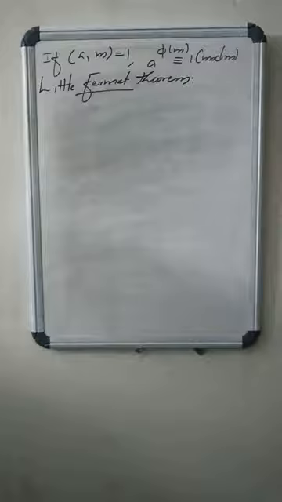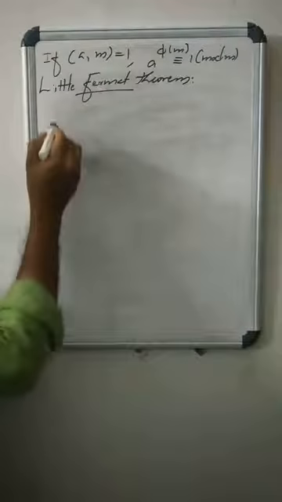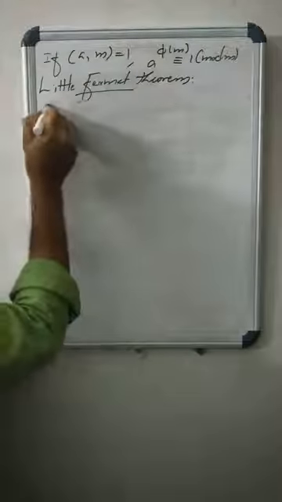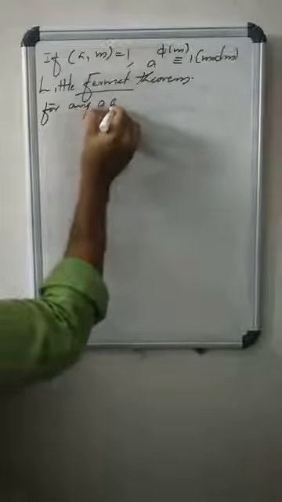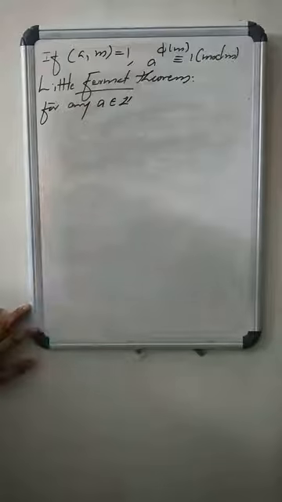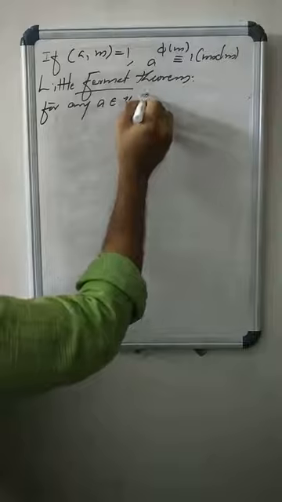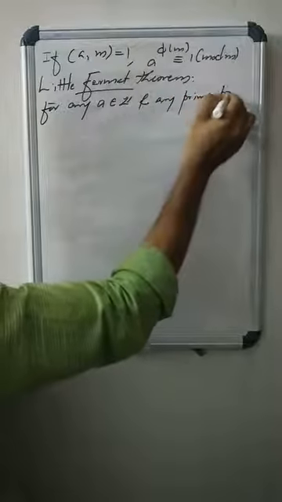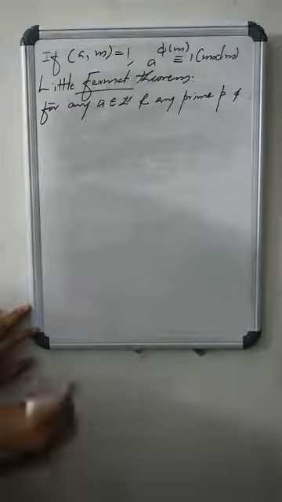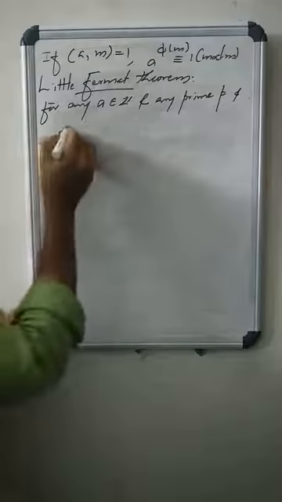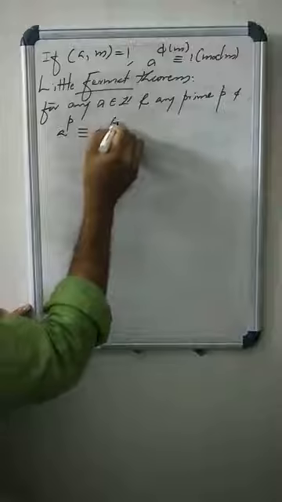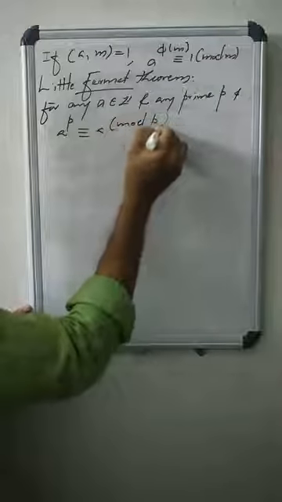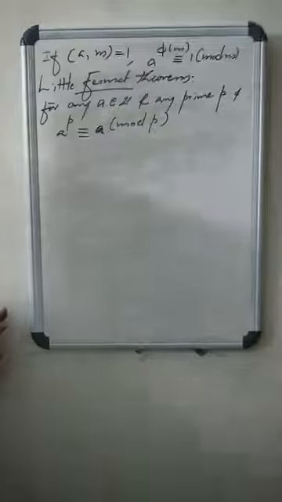The theorem states that for any integer a and any prime p, a^p is congruent to a mod p.